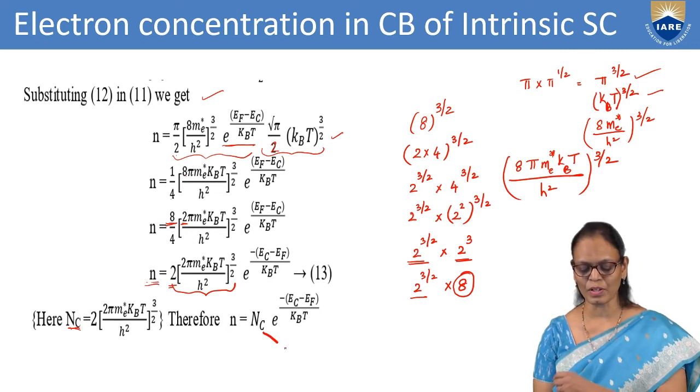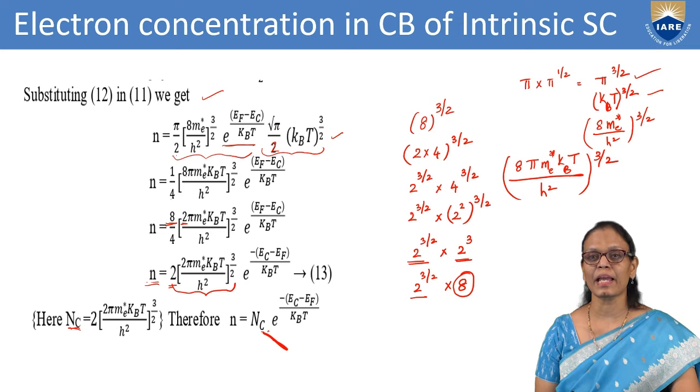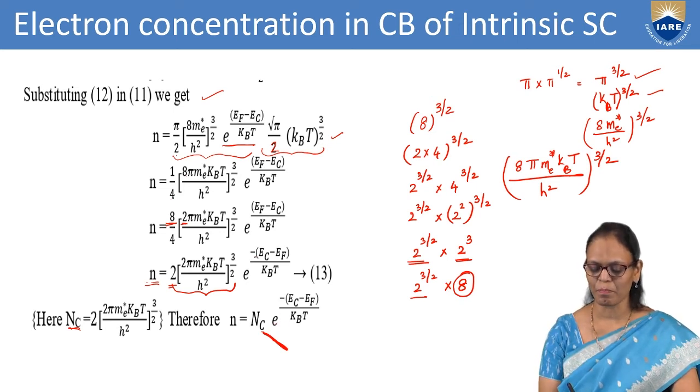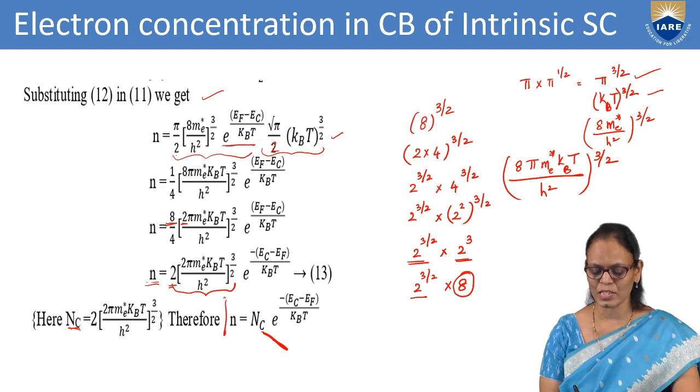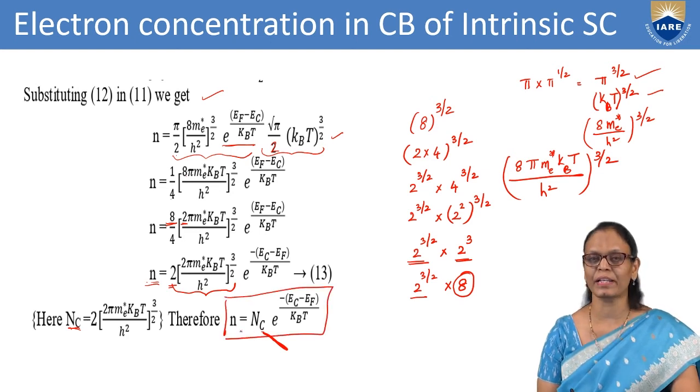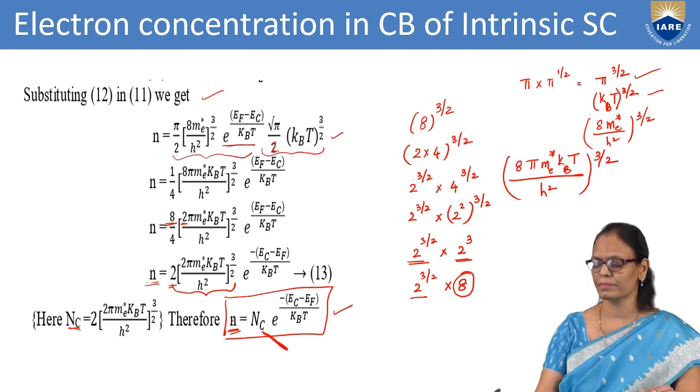N will be equal to NC into e power minus (EC minus EF) by kBT. So this is the final expression we are going to get. N is equal to NC into e power minus (EC minus EF) upon kBT. This gives us the concentration of electrons in the conduction band in an intrinsic semiconductor.